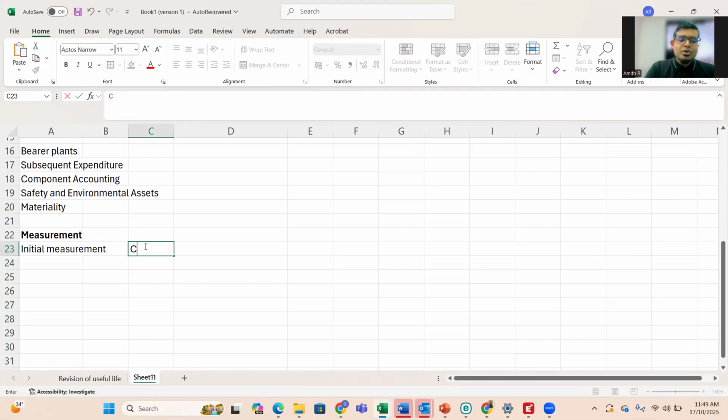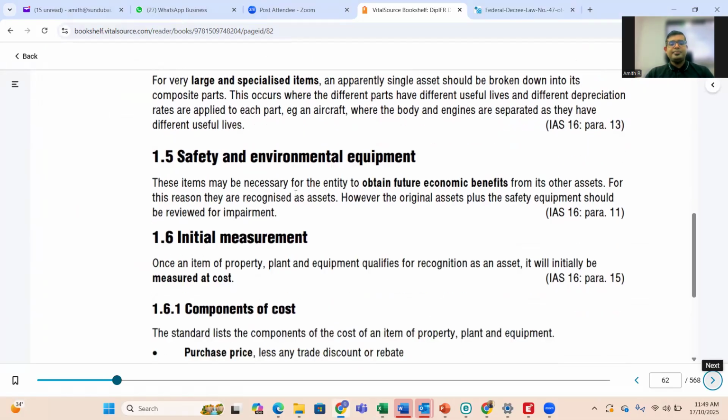That has to be done always on a cost basis. That means you have to identify the purchase price. What is cost? You have to identify the cost. There is no other way at all that you can do an initial measurement. You can only do it on a cost basis. Now, how do you determine what cost to add?